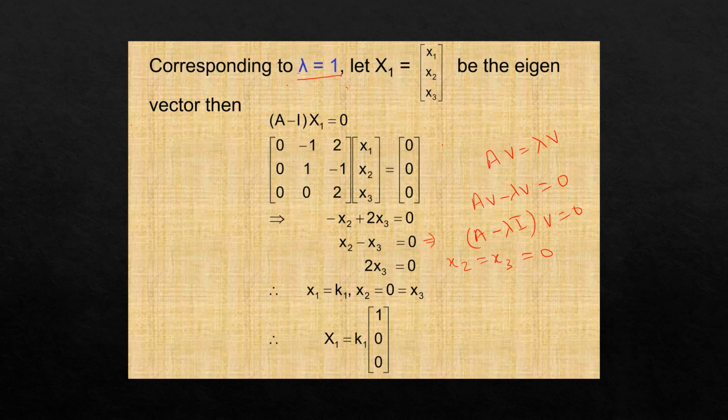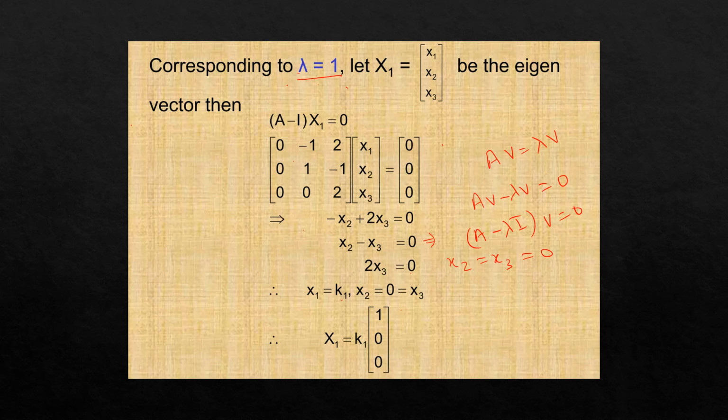Because with these eigenvectors, you won't get the exact values. You need to find the ratios of your variables. These vectors are the ratio of the variables. So my eigenvector corresponding to lambda 1 is 1, 0, 0.